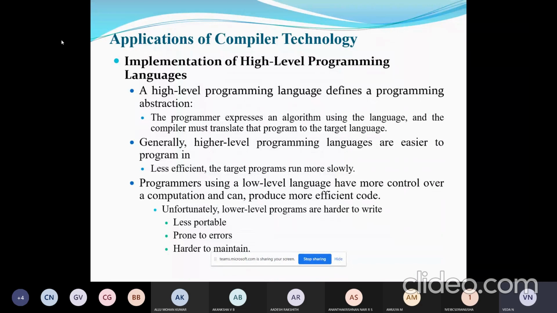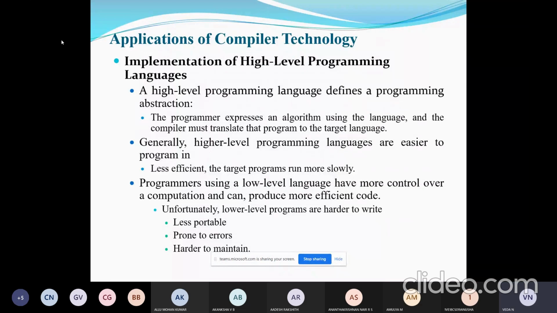Abstraction means you are just trying to express what task has to be done through an algorithm, or it could be a flowchart also, and you understand that algorithm and flowchart and try to write the code. After doing that, what does the compiler have to do? It has to translate the program into the target language. What is the target language? It is the machine code. So that's how, till now, we have been using a compiler for translation.